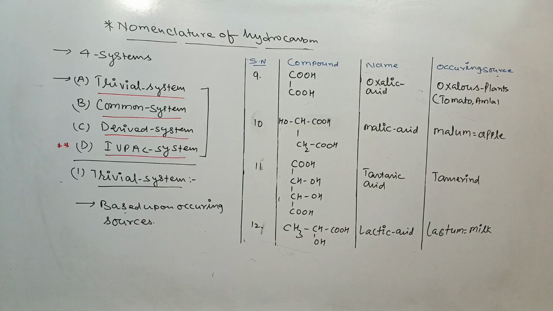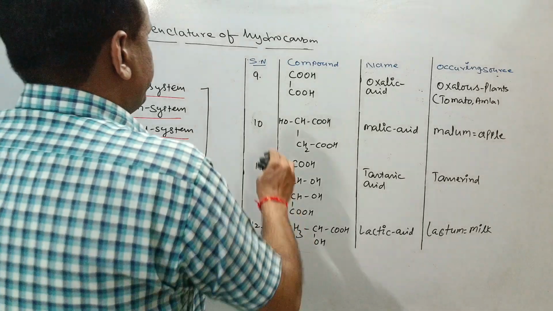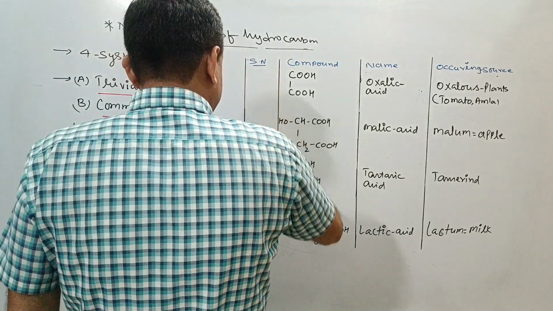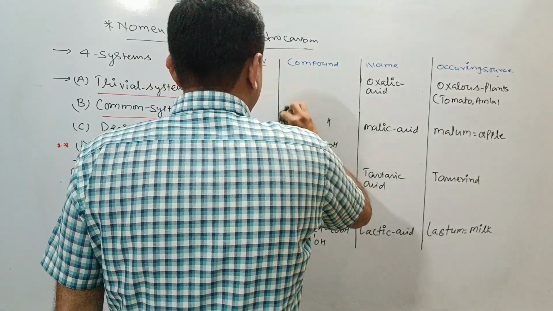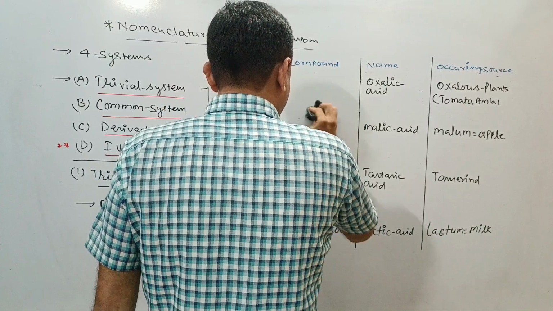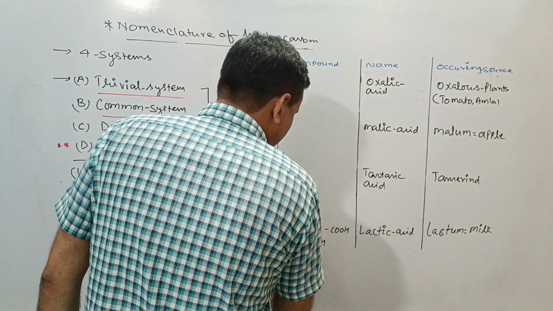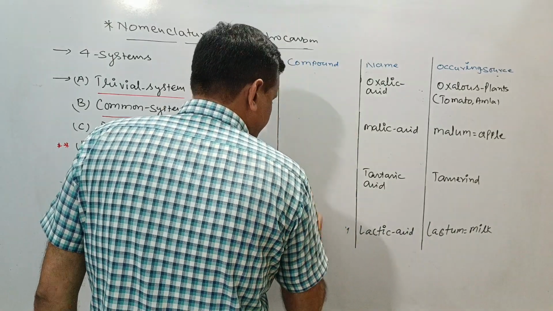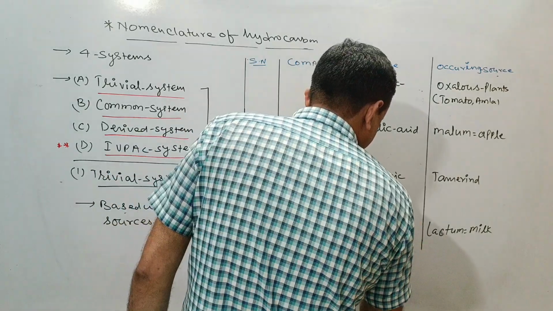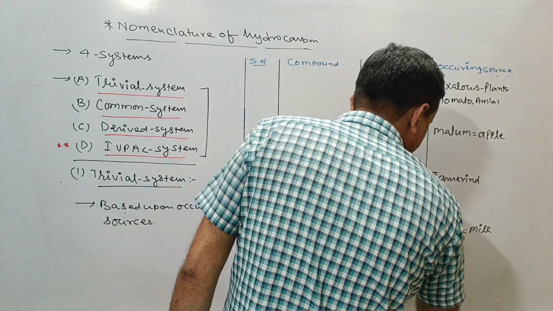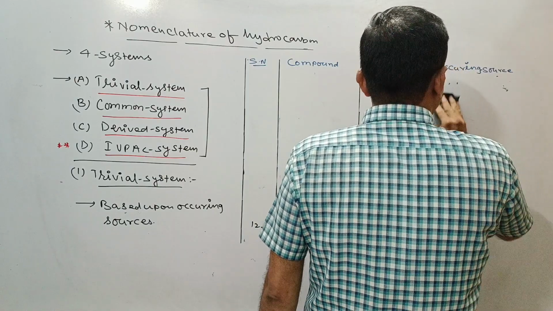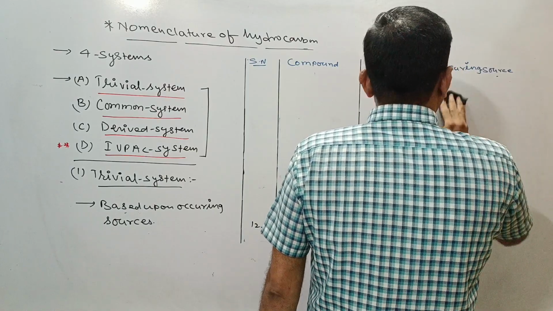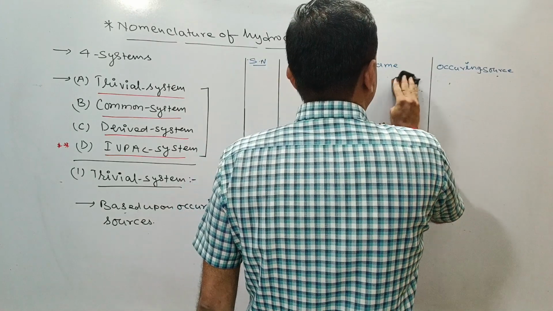So we'll go further with compounds 13 and 14 also. What are they? These are important compounds, as you can say, one of them is citric acid.